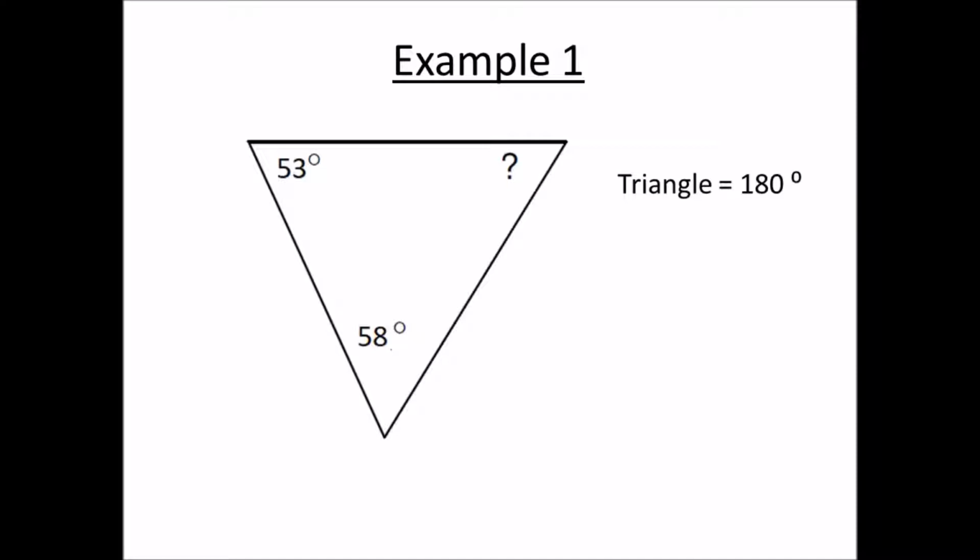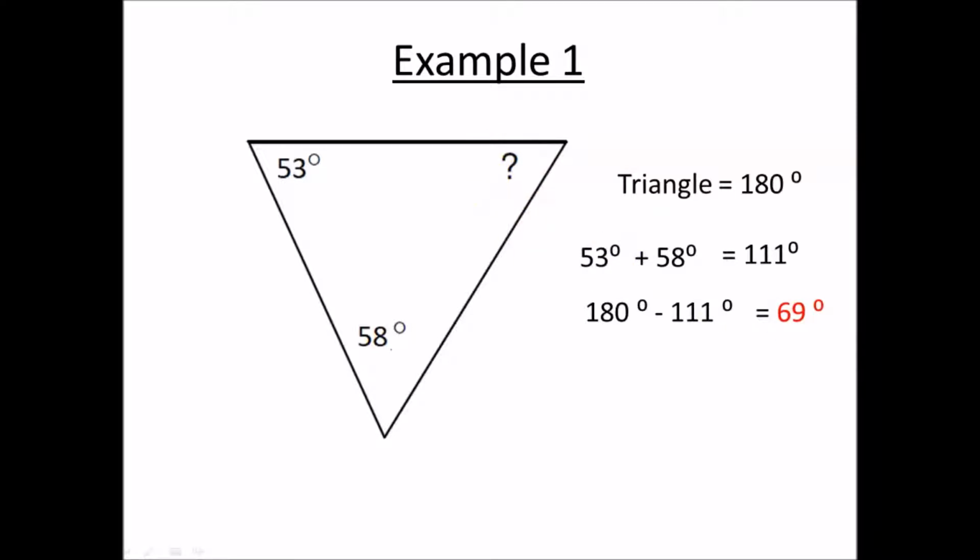Well, then we also know the 53 degrees and the 58 degrees together will add up to 111 degrees. So given this information, I can take my triangle, which is 180 degrees, subtract 111 degrees, and that will give me 69 degrees. So the missing angle right here is equal to 69 degrees.